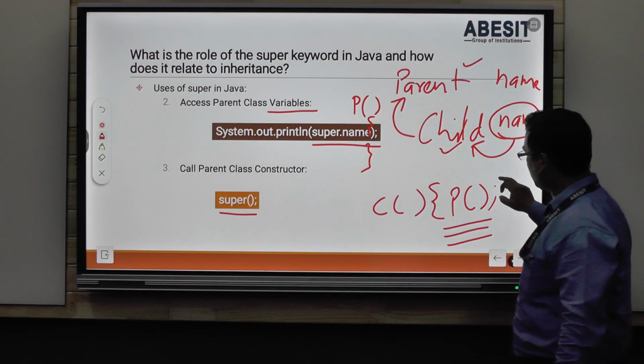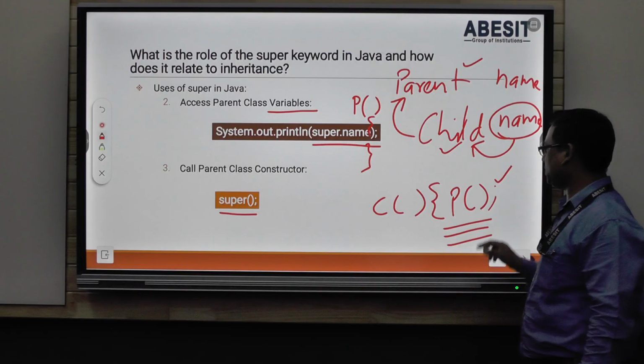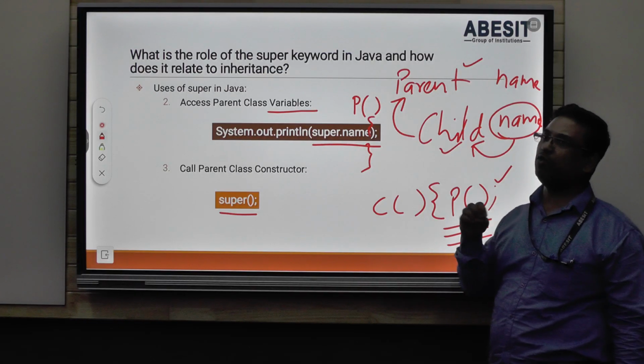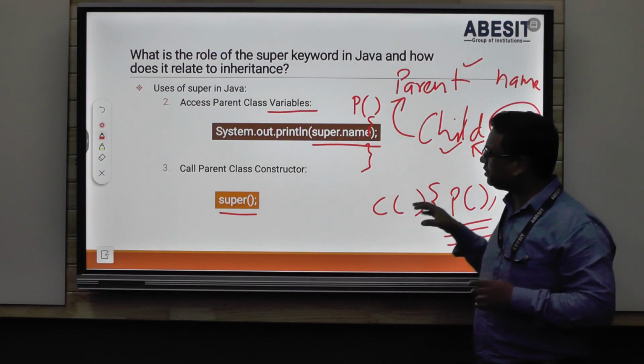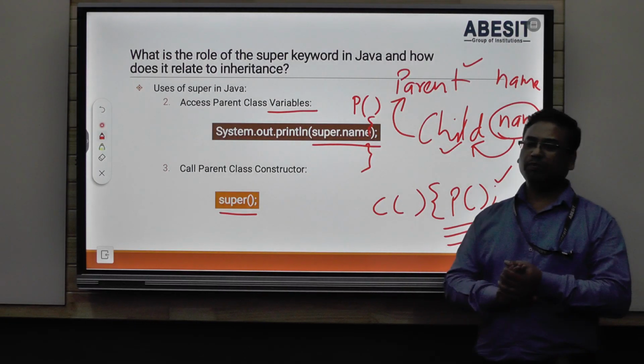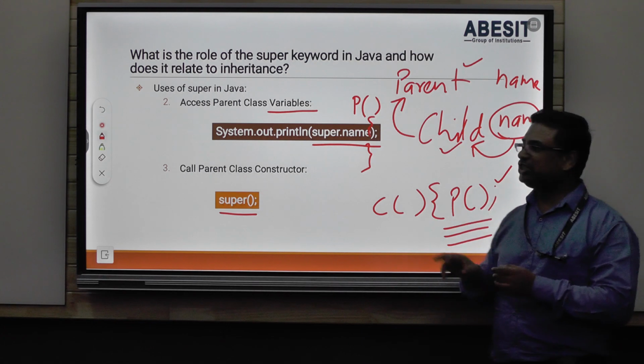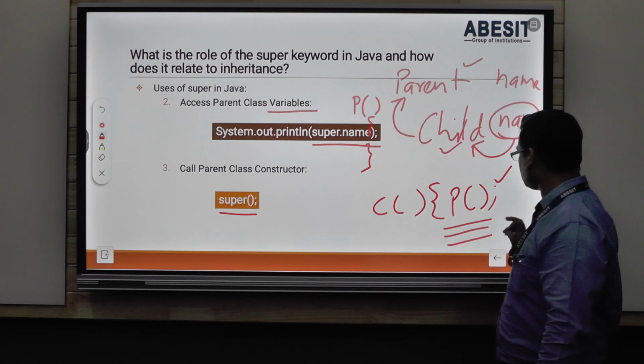If you write this parent class constructor call on the second line, it will give you an error. It's a restriction: this particular statement must be the first statement in the child class constructor.